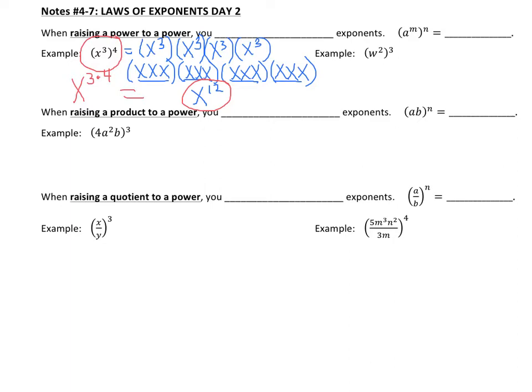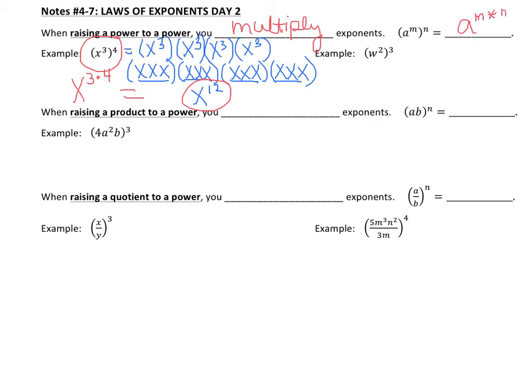Okay, so let's write that in a statement. When raising a power to a power, you multiply the exponents. So if you have a general case, a to the m to the nth power, well, that would be a to the m times n.